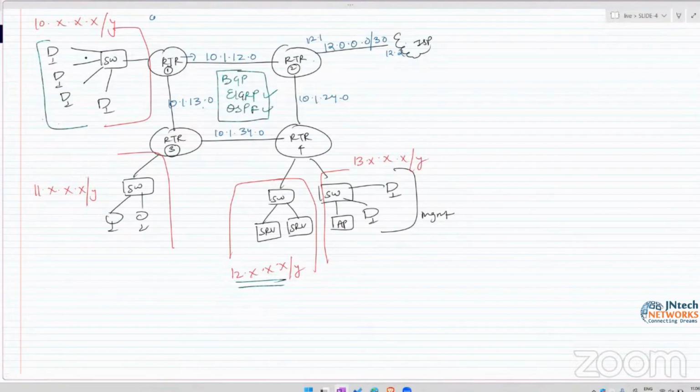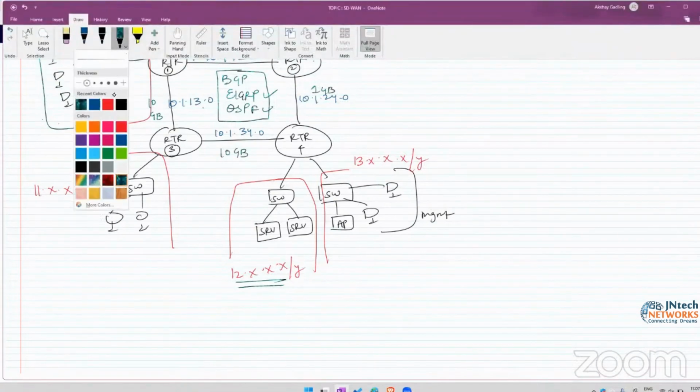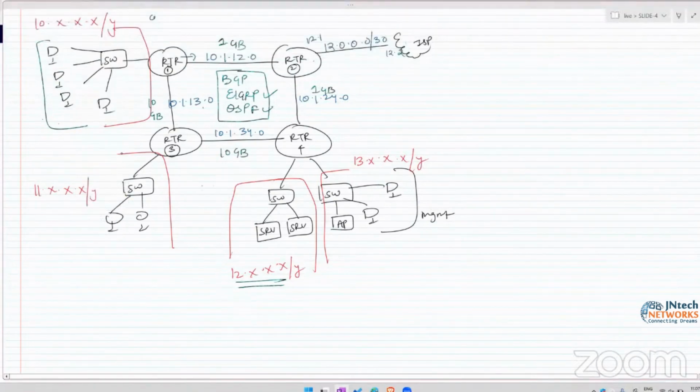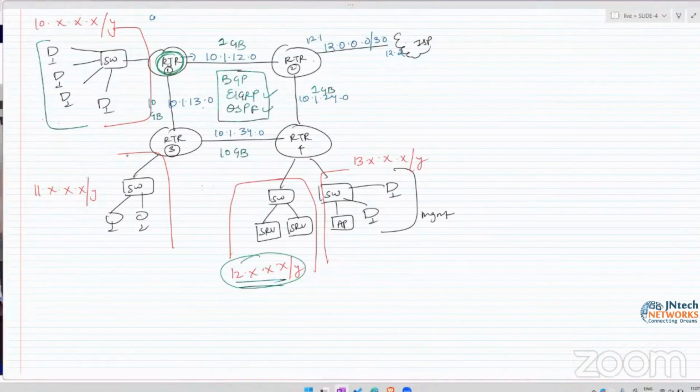But for example, this one is my 10 GB link, this one is 1 GB, this one is 1 GB, and this one is 10 GB. So in this case, router 1 is trying to get the best path to reach this network. Which one is my best path?